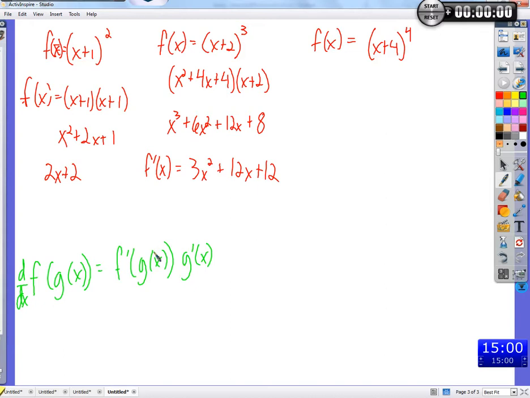We're not going to take the derivative of this and then inside of that put the derivative of g. That's not how this works. You take the derivative of the outside as if what's inside is just a single variable, and then we look at the inside once we're done doing this part and we multiply by the derivative of the inside.